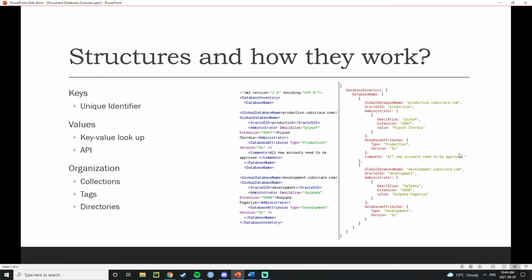So, what are the structures and how do they work? I'm first going to talk about the extensible markup language, which is XML. It's a markup language where the whole point is that you're able to read it as a human, as if it's just English, and then the computer is able to read it as if it's code. Here we have two examples. On the left, we have an XML document, and on the right, we have a JSON document.